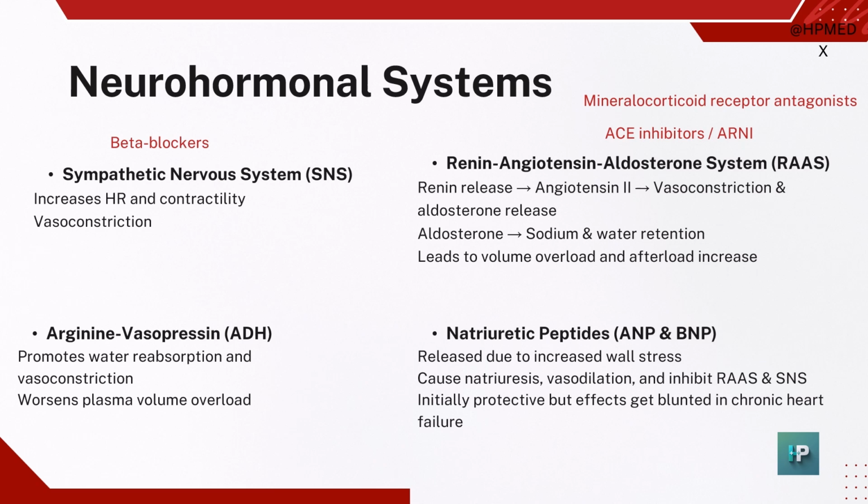And here we see the neurohormonal systems that result as a compensatory mechanism, and the drugs which I mentioned: beta blockers, which block the sympathetic nervous system, and mineralocorticoid receptor antagonist, it blocks the RAS, renin angiotensin aldosterone system, and ACE inhibitors or ARNI, it also blocks the RAS.